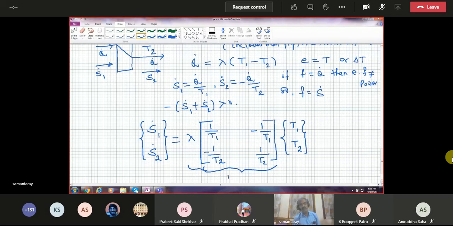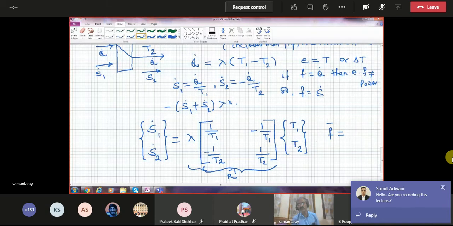This we call, let's say, some matrix R. Then we have flow as a vector, let's call this R inverse or whatever, 1 by R. So that is the R inverse matrix times effort as a matrix.